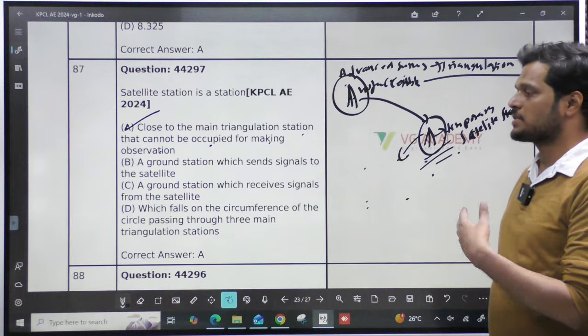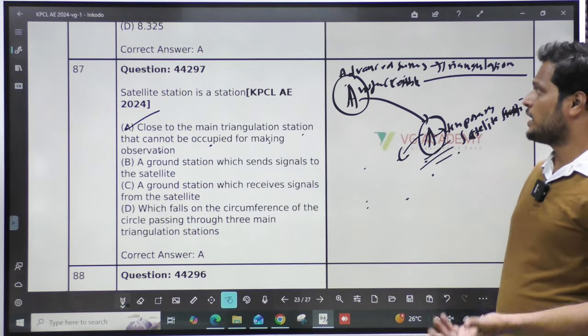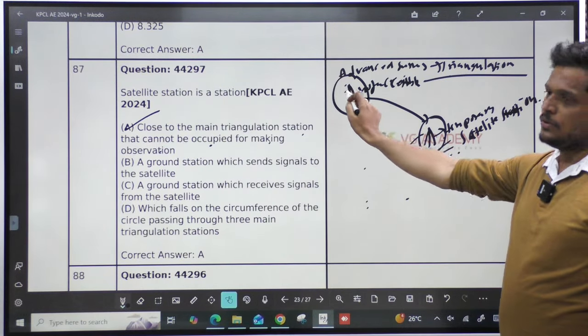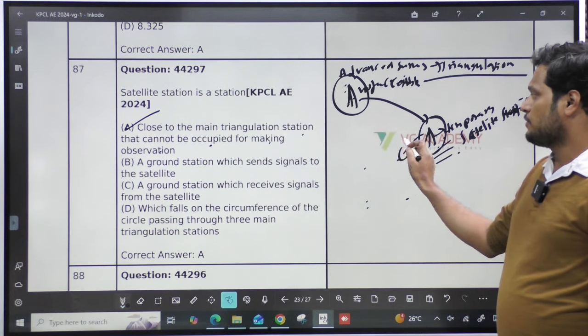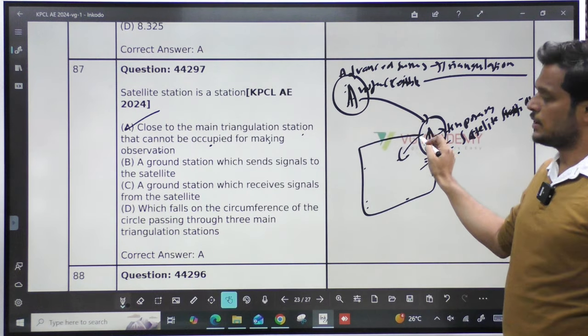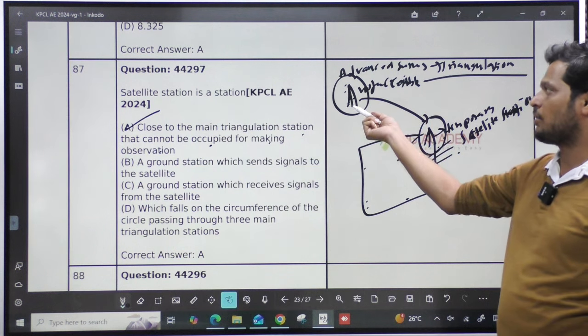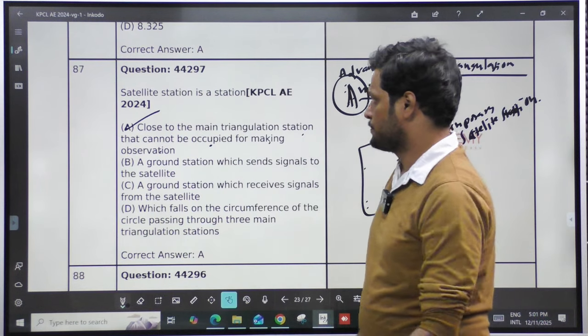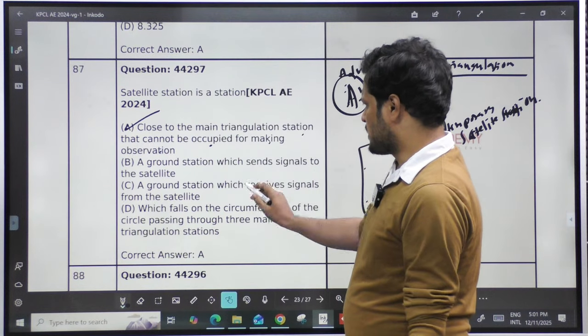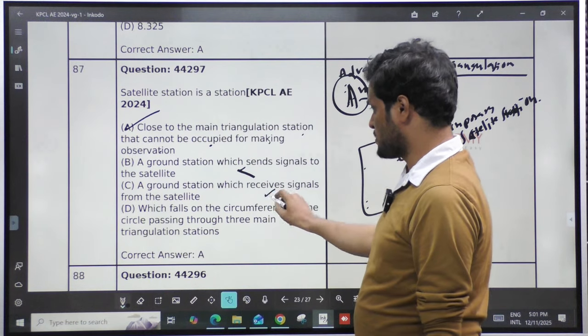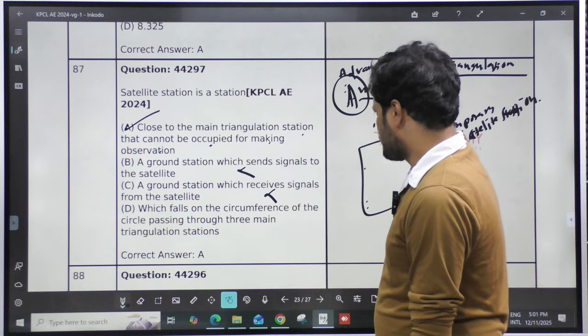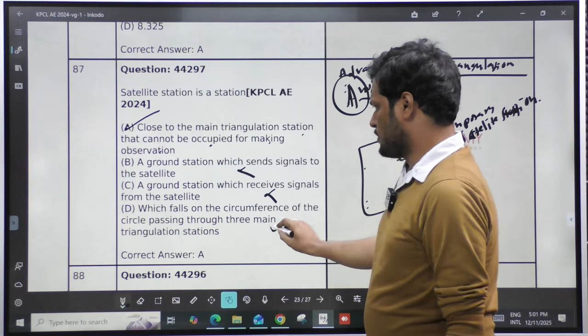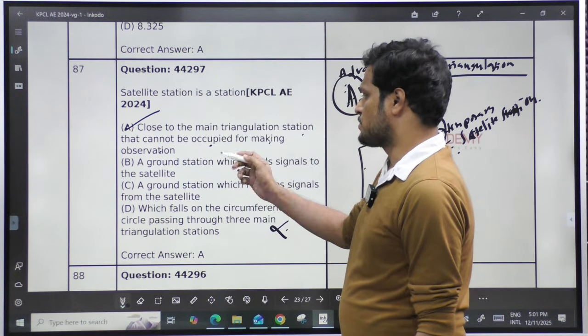We have main stations, subsidiary stations. So in that, one of the main stations is above. So we create a satellite station for our main station. We take all the measurements and finally convert with respect to the main station. So possible answer, option A.